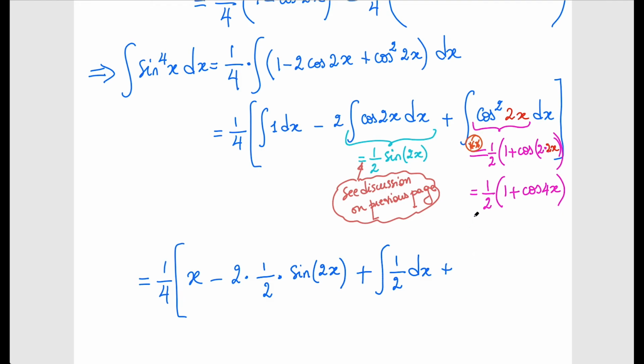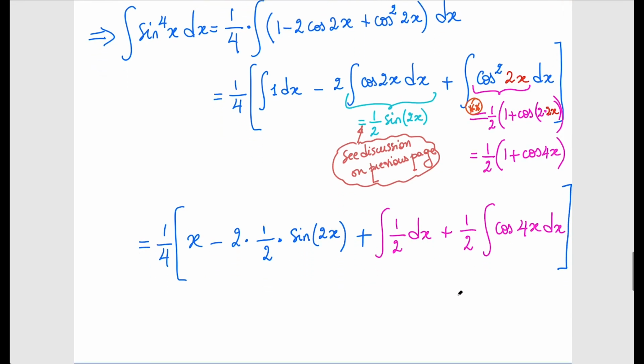Let's put the half outside: cosine 4x dx. One more time, what did I do? This guy is this. This guy is this. And now the pink guy is technically just this part. So the primitive of the pink is going to be the primitive of half dx plus the primitive of half cosine 4x dx.